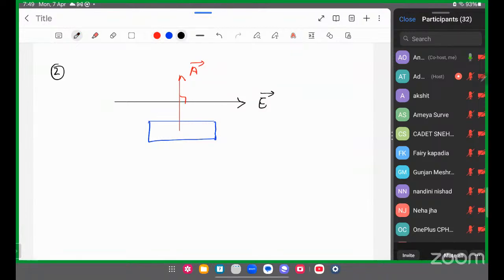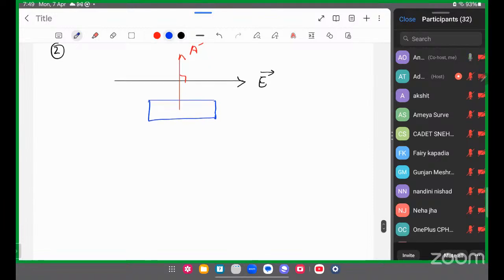Yes or no? Okay. Next, theta in this case will be 90 degree.